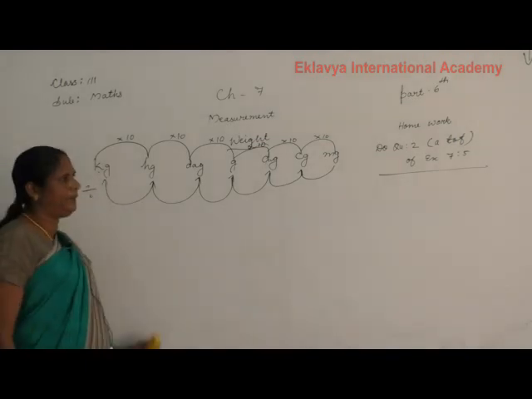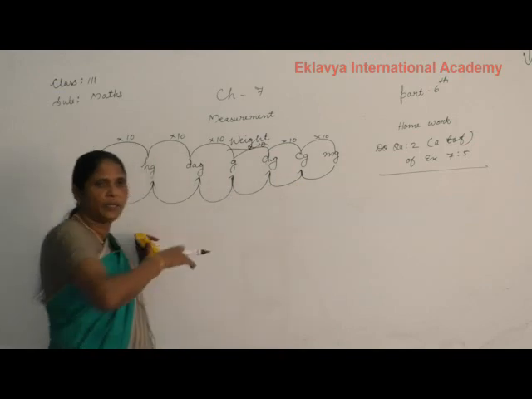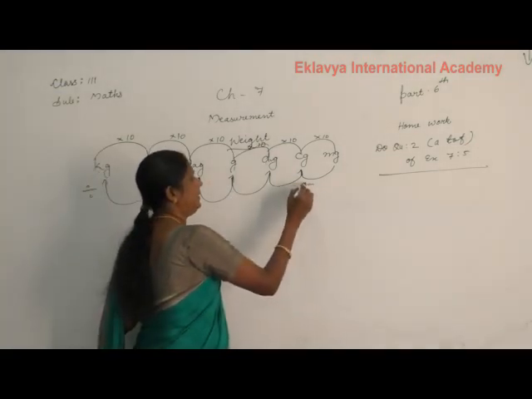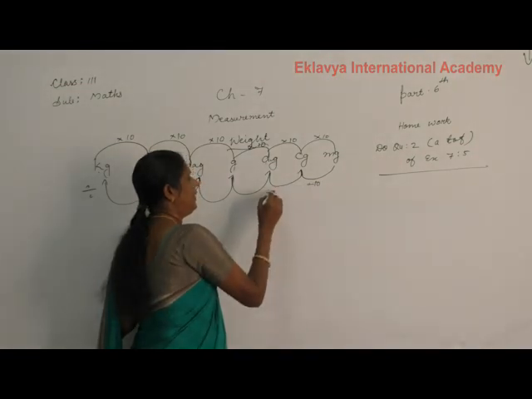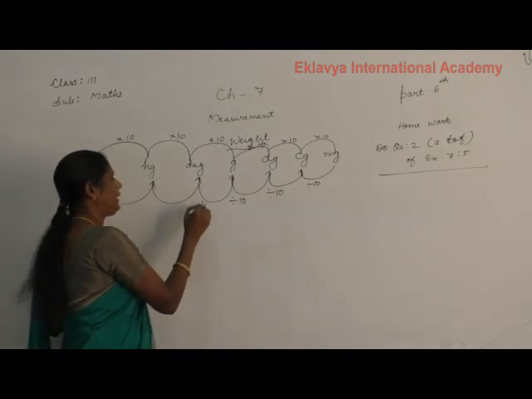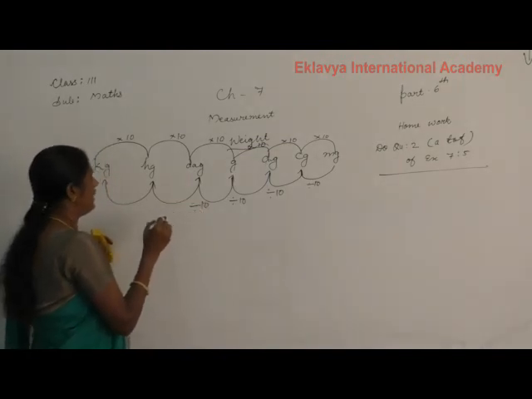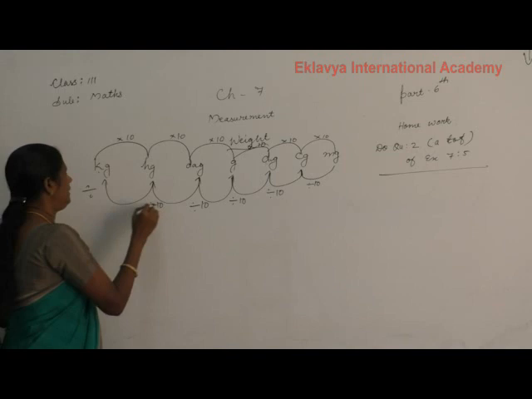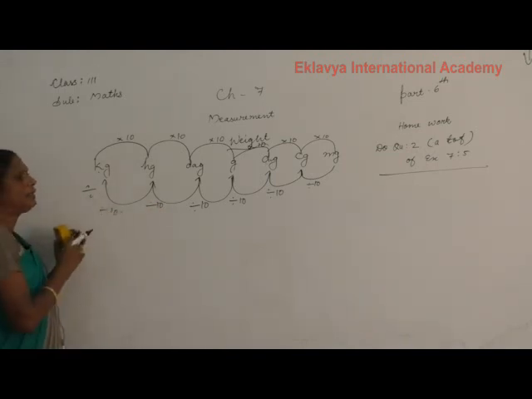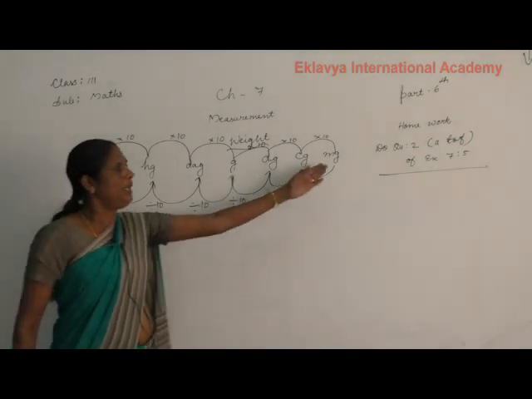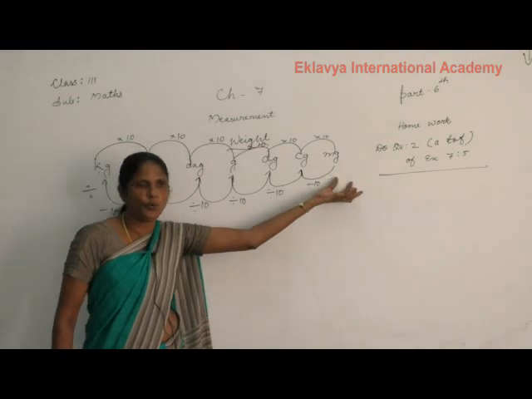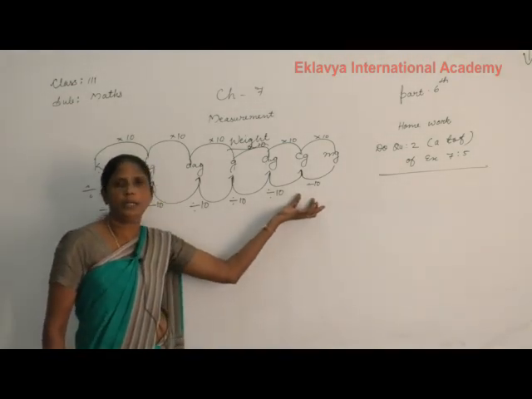Smaller to bigger, we divide. Divide by 10, again by 10, at each step. Now milligram into centigram: milligram is the smaller unit and centigram is bigger.